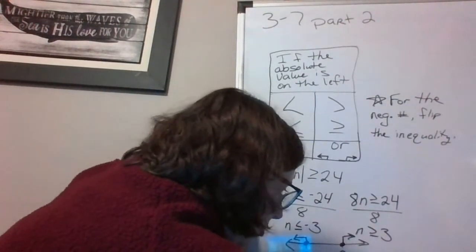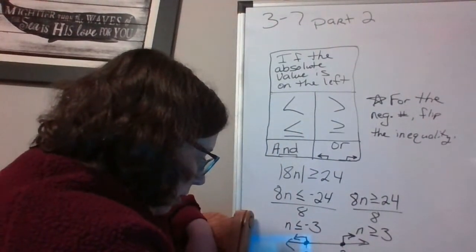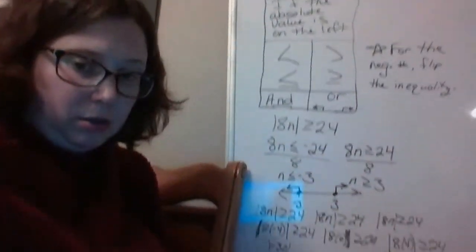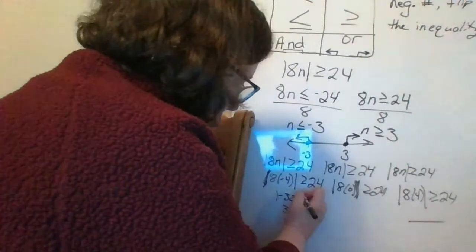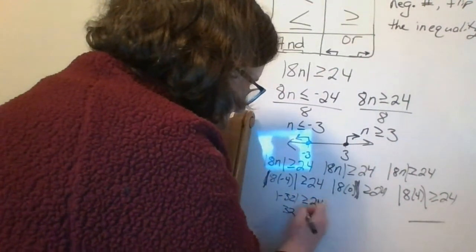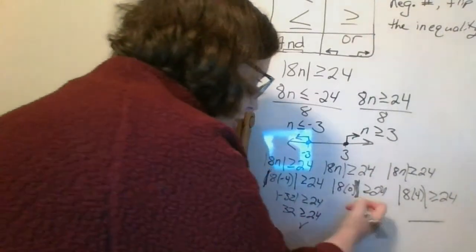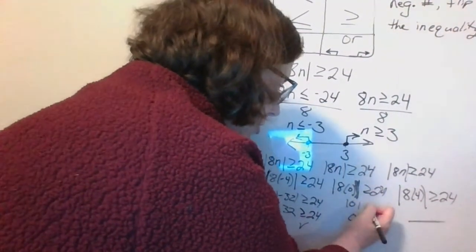That's absolute value. So over here, you get the absolute value of 32, which is 32. 32 is greater than 24. So that's good. Here we get the absolute value of 0, which is 0, is greater than or equal to 24.